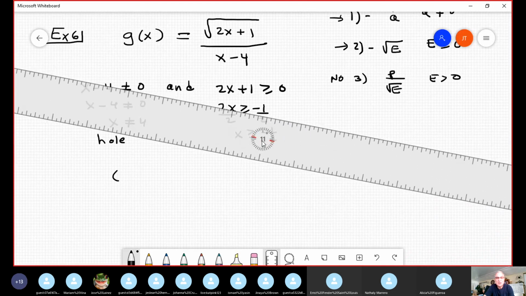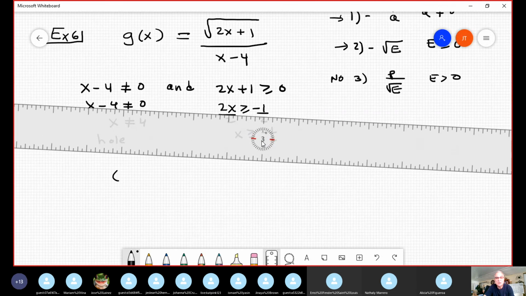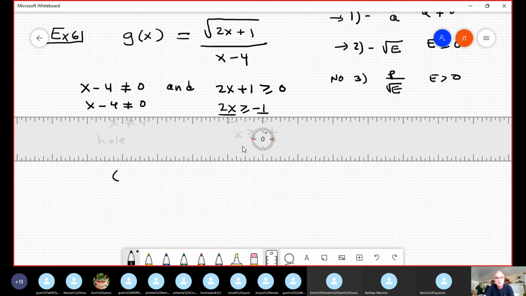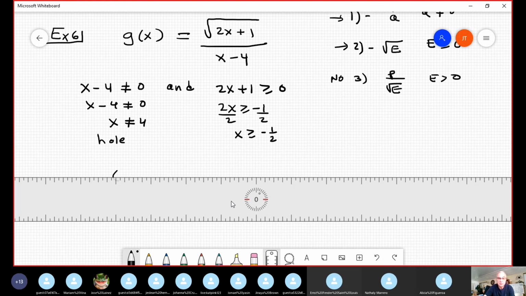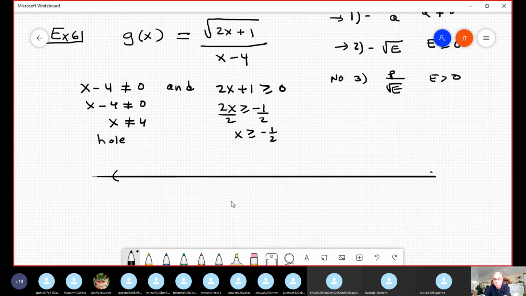Zero degrees, totally horizontal. Okay. Something like that. Good, no ruler anymore. This is positive infinity, this is negative infinity, and 0 is in the middle.